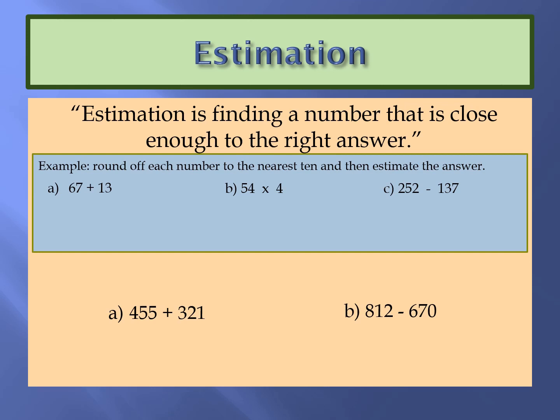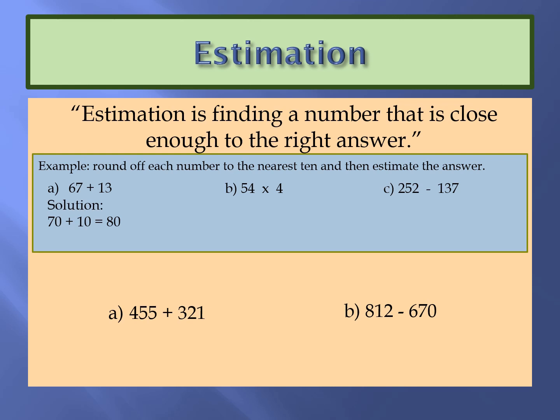For example, in A, you have 67 plus 13. Now first you will round off 67 to the nearest 10. It will become 70. Then you will round off 13 to the nearest 10. It will become 10. Then you can add 70 with 10 and the answer will be 80.